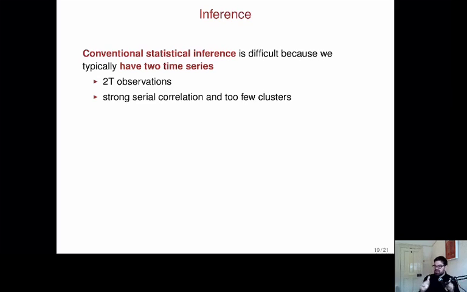So these are 2 time series, and you have extremely high serial correlation. That's what time series are: they're not independently drawn observations. And at the same time, you only have 2 clusters. So conventional inference just does not work.